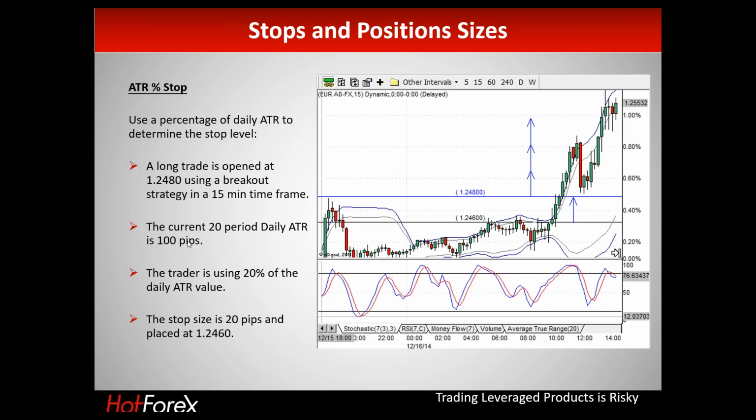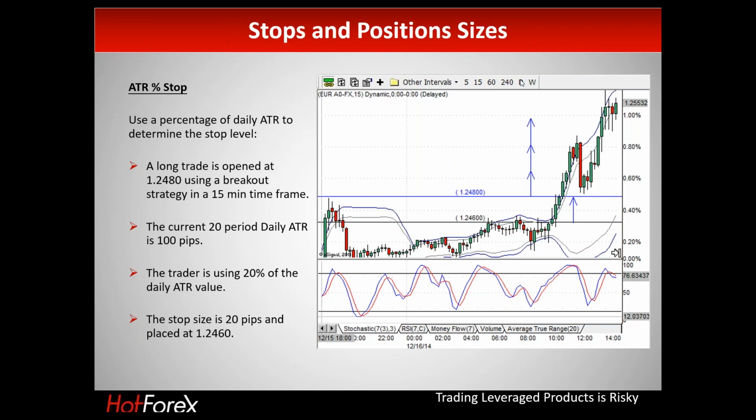The daily ATR, this is a 15-minute chart, but by checking my daily chart, I noticed that it is stating a 100 pip movement. But because I want to trade intraday, I'm going to use only 20% of the daily ATR value.